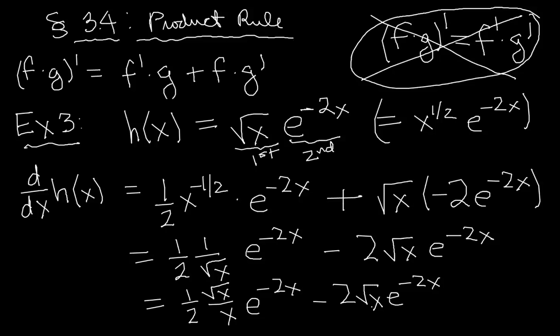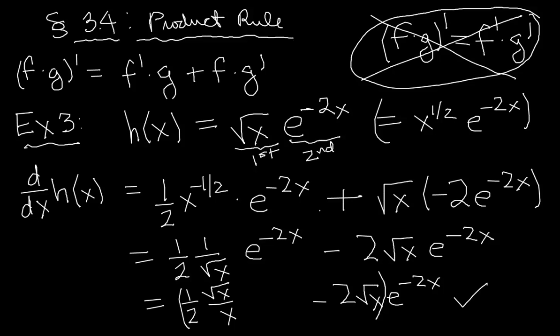If you want, you could even factor this, but let's just do the final step. Let's pull out e to the minus 2x, and so this goes away. We just pull it to the outside. And that would be the final, completely simplified expression for the derivative.